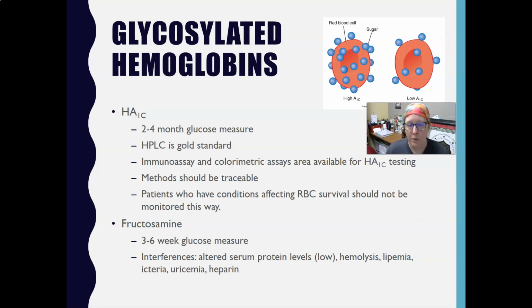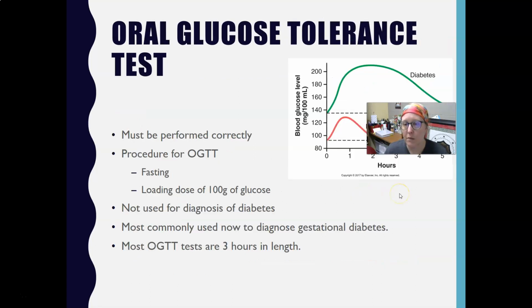I know I mentioned that glucose and fructose can stick to proteins like hemoglobin, but it can also stick to albumin and other things like that. We just choose to measure the hemoglobin.